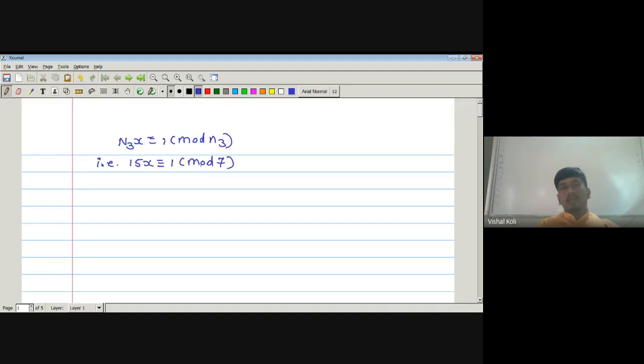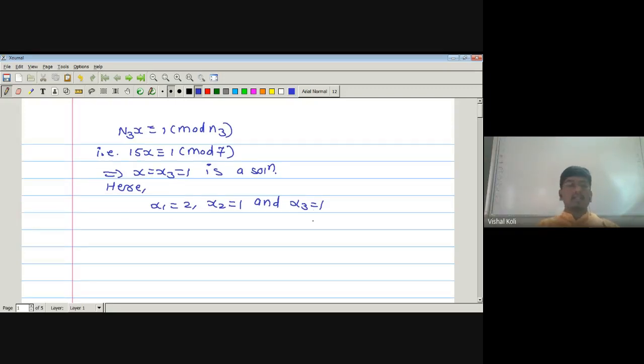If x equal to 1, then 15 minus 1 is 14. 14 is divisible by 7, which implies x3 equal to 1 is a solution. So here we get the values of x1, x2 and x3. Here x1 equal to 2, x2 equal to 1 and x3 is again 1. So here we get the values of capital N1, N2, N3 and x1, x2, x3.